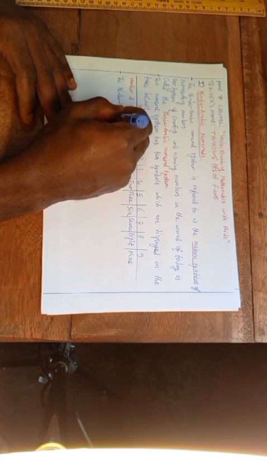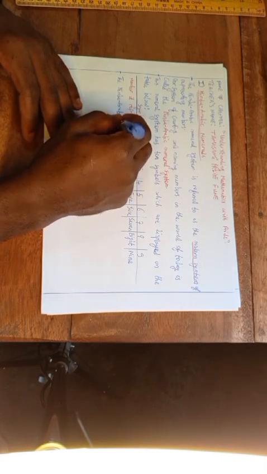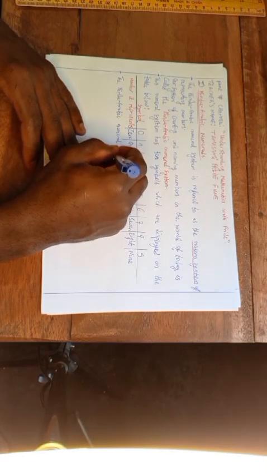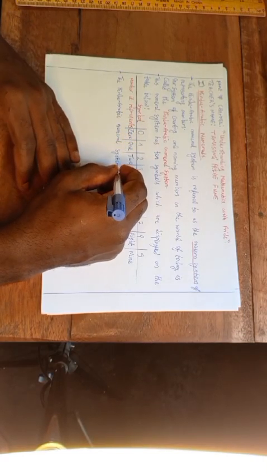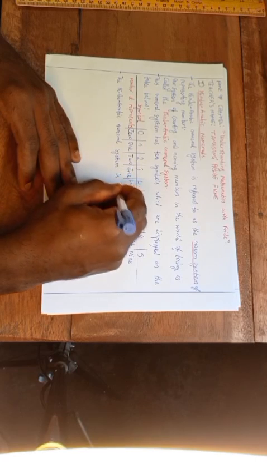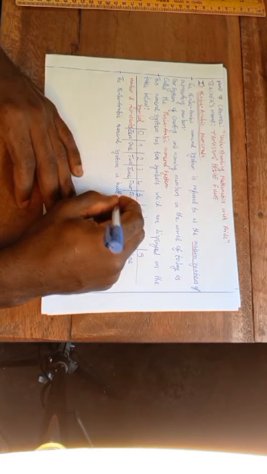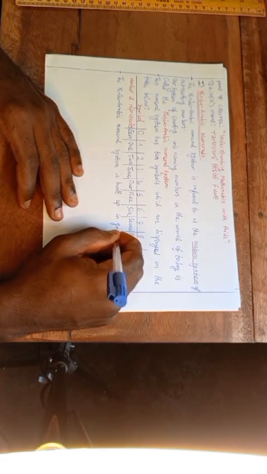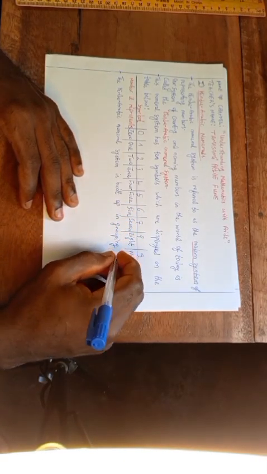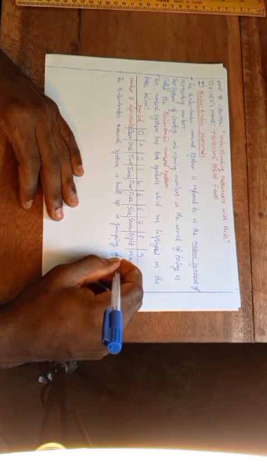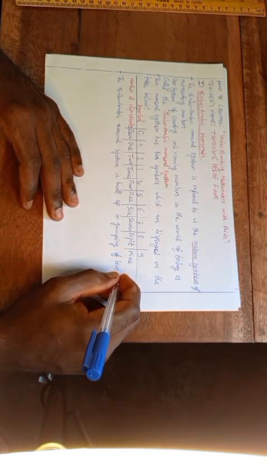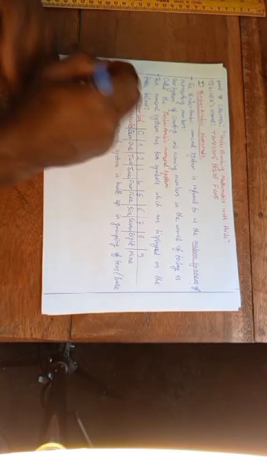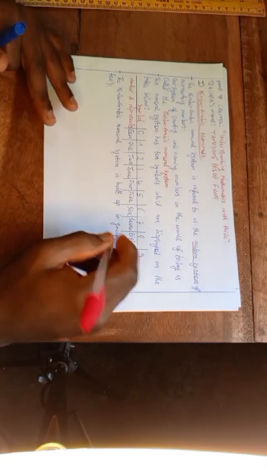The Hindu Arabic numeral system is built up in grouping of tens. That means in groups of tens. So underline grouping of tens with a red pen. In bracket base 10.